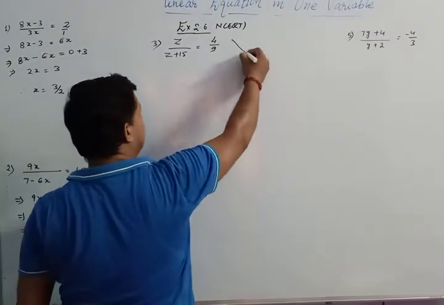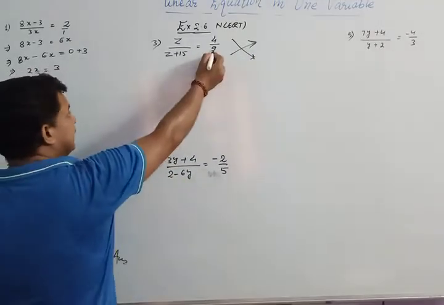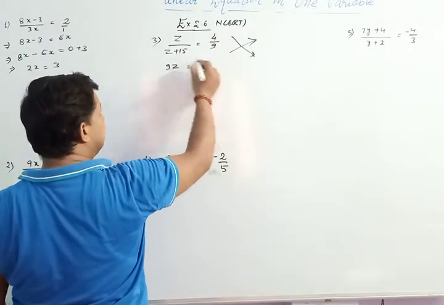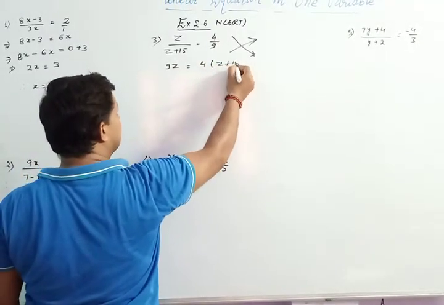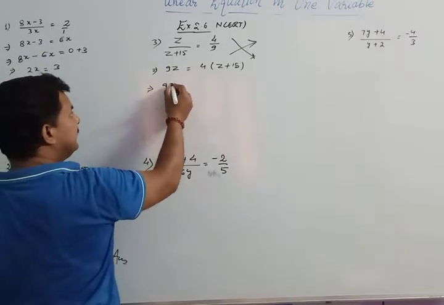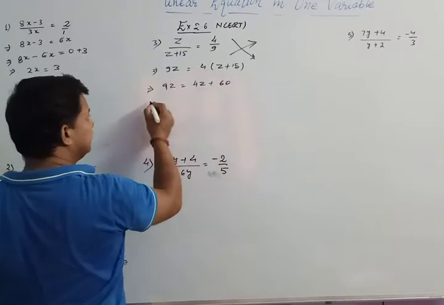You have to cross multiply. Cross multiplication it is said. So this 9 will multiply with z, 9z. This 4 will multiply with this denominator. Next step. Now open the bracket. 4z, 15 4s are 60.